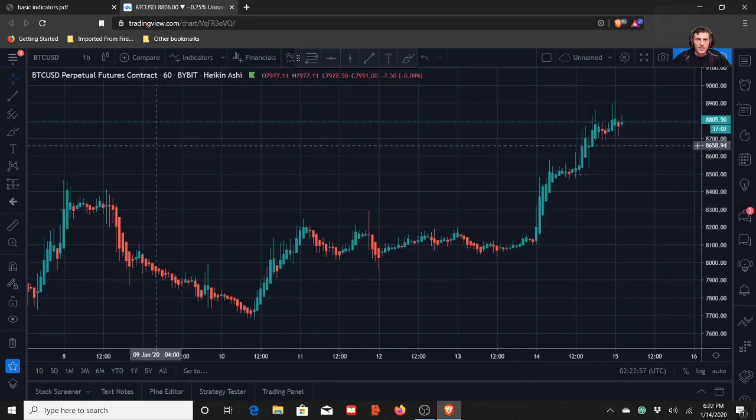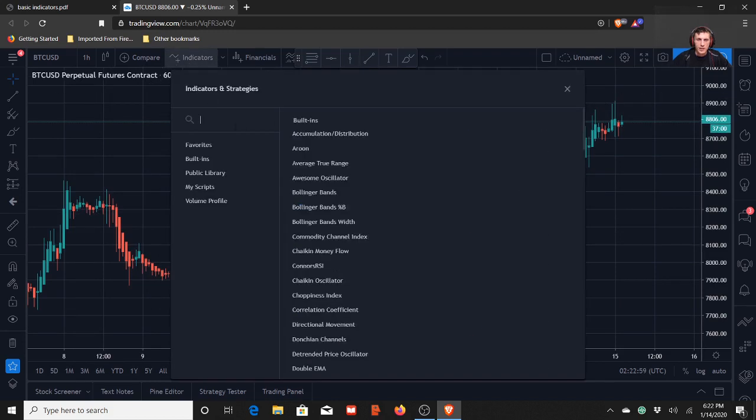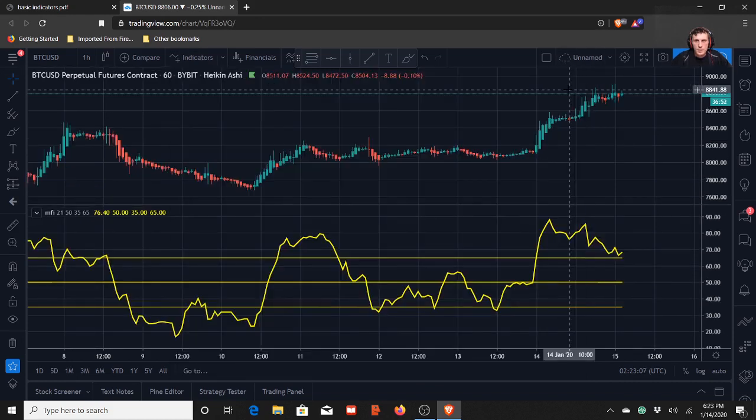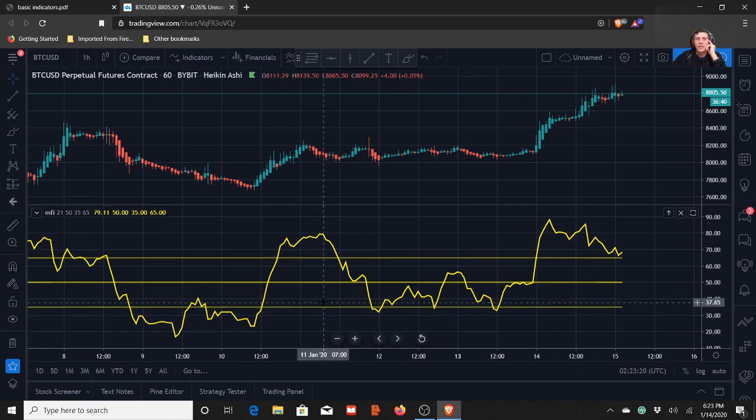And as you can see here, there's tons of different variations of the money flow index. Same here, we got your 65 right here, and you got your 35 right here. And basically what the MFI is doing is showing you the flow of money coming in and showing you the flow of money coming out.